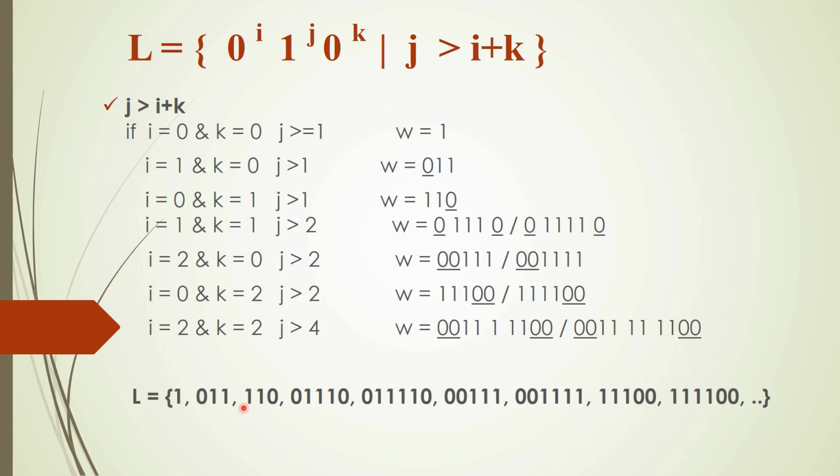Okay. Now, as per the generated strings, we can simplify this as follows. As our j is greater than i plus k, it means if your i is incremented, then your j must be incremented. Okay, same for your k value. Correct. That's why we attach the appearance of 1 which depends on i and k.